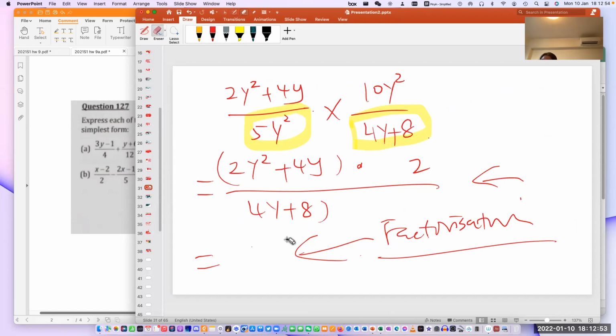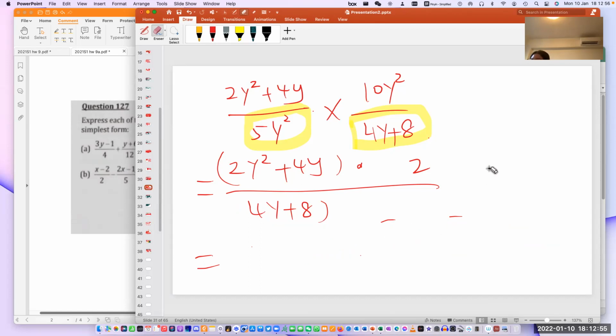So how do we continue from here? We have reached this step, but how are we going to continue? The question we ask ourselves is this and this. So let's do one by one. I'm going to write down 2y squared plus 4y.